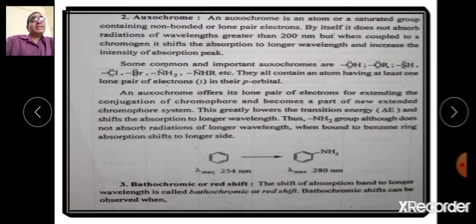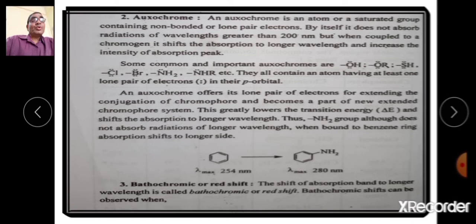On the oxygen, on the sulfur, and also on halides, there are lone pairs. An auxochrome offers its lone pair of electrons for extending the conjugation of the chromophore and becomes a part of the new extended chromophoric system. It extends and becomes actually a part.